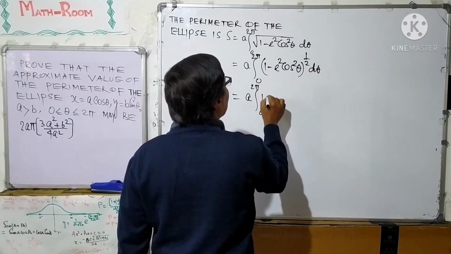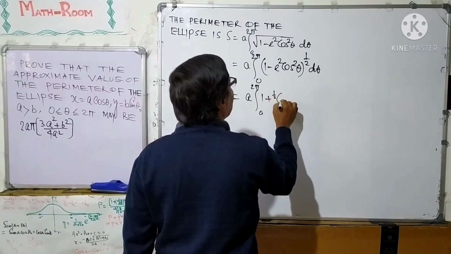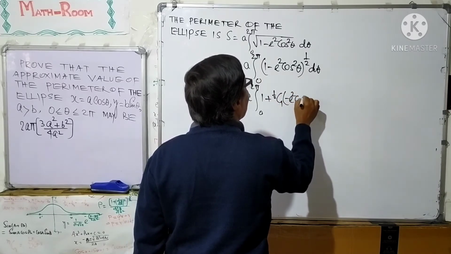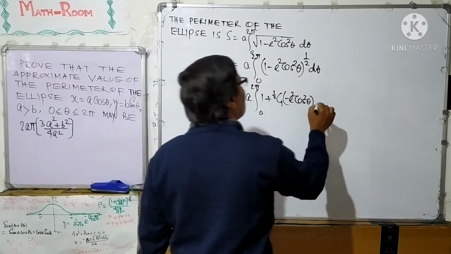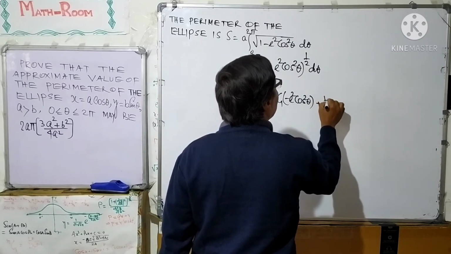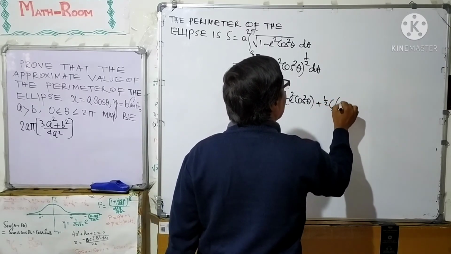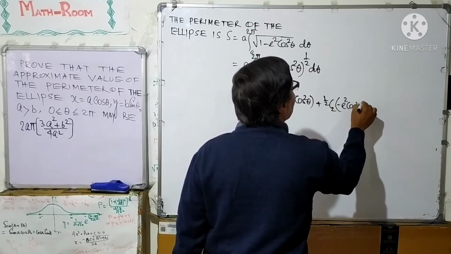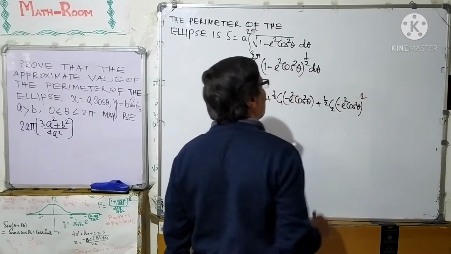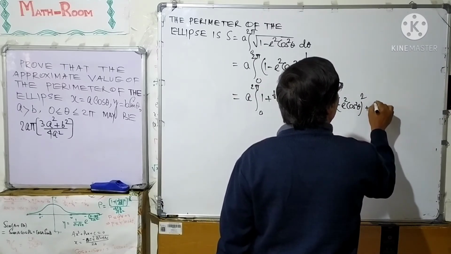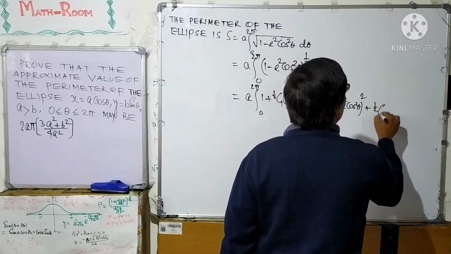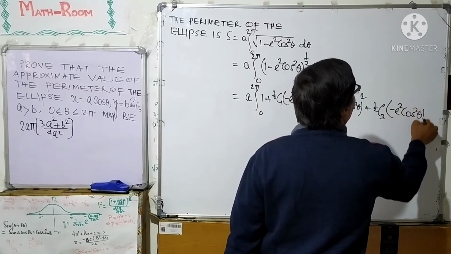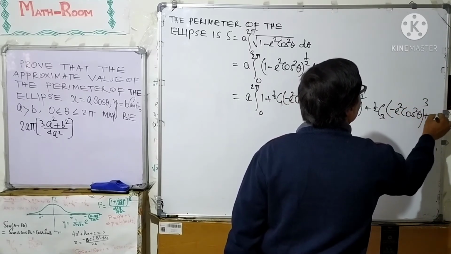1 plus half C1 minus e square cos square theta plus half C2 minus e square cos square theta whole square plus half C3 minus e square cos square theta whole cube and so on.